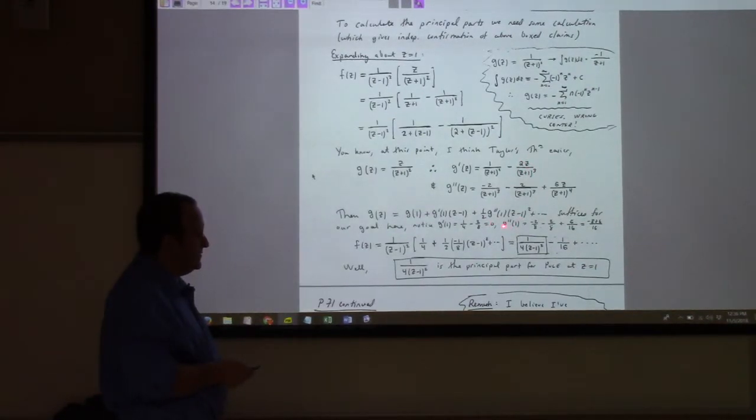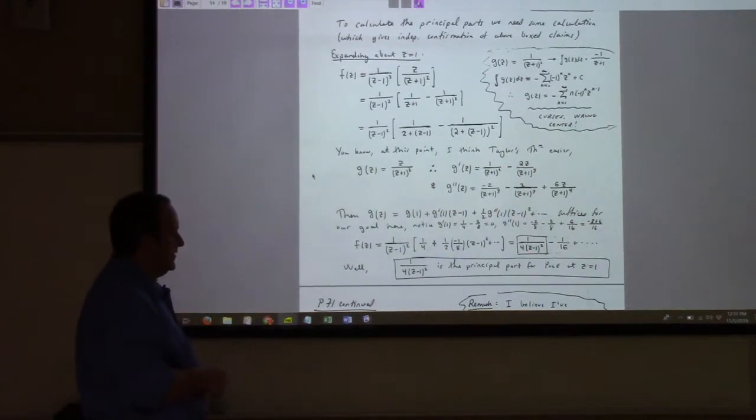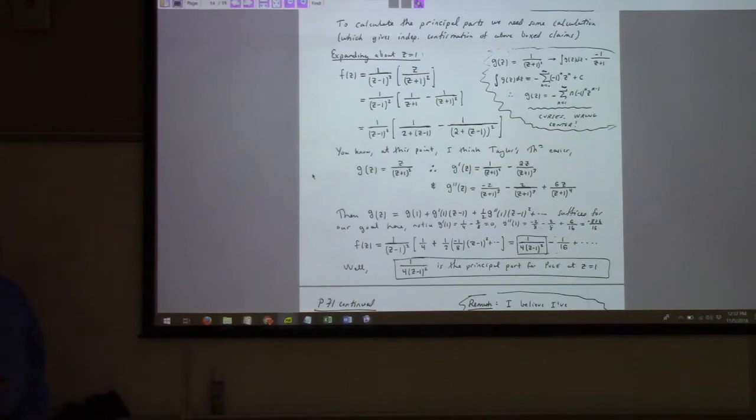And then g prime prime of 1, I ended up getting minus 2/16, which is minus 1/8 rather, then the 2 from the Taylor's expansion multiplies that to give me minus 1/16. So I ended up getting that the principal part was just 1 over 4 times z minus 1 squared. I'm not sure I trust that result.